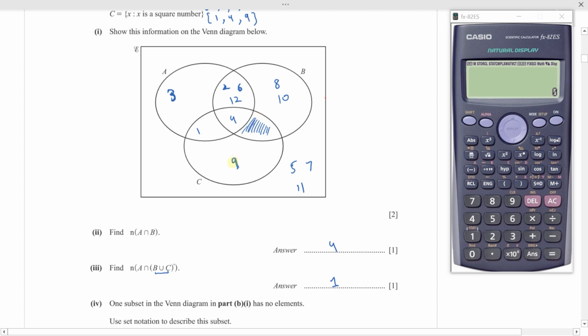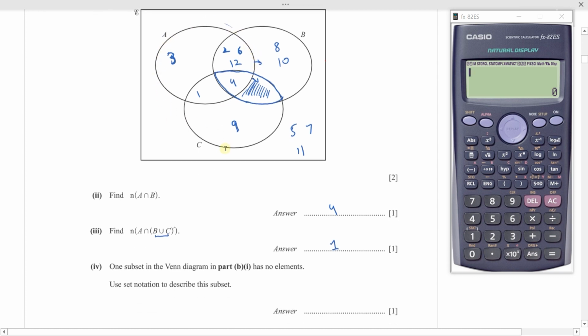So this is an intersection of B and C. So B intersection C will give you this full region, but I'm only looking for this shaded region. So this is outside of this set A. So that means I have B intersection C, which gives me this full blue boundary. And then to eliminate this region, so I want to eliminate this red region.